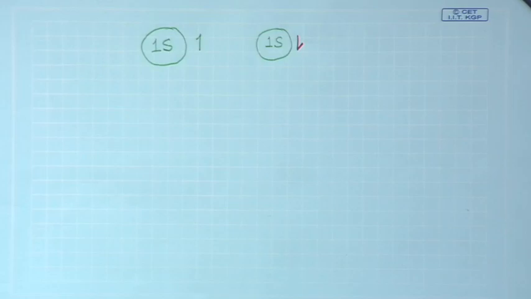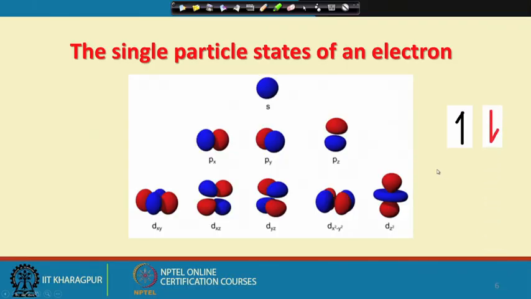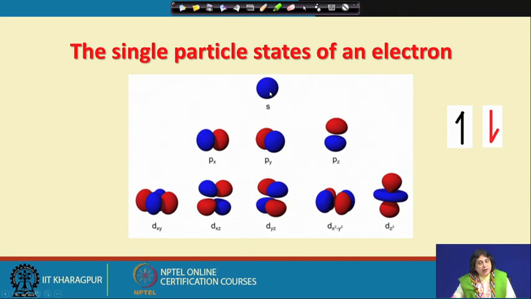Now, what happens if I bring in another electron? The second electron is also capable of occupying any of these single particle states. The second electron also has in its wave function an orbital part and a spin part. Now, the question is, when my system is comprised of two electrons, is it possible to have both the electrons having, say, the 1s orbital wave function and both up spins?